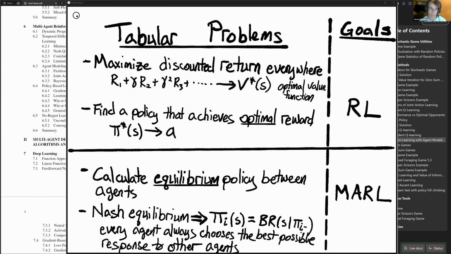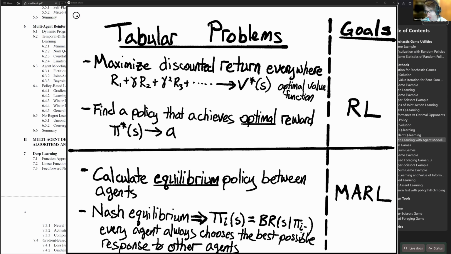If it's an equilibrium, then no agent can change its behavior to improve its own situation. If you fix the behavior of all the other agents and ask, is there anything I could do differently to get a better outcome? In an equilibrium, the answer is no, for every single agent in the problem.